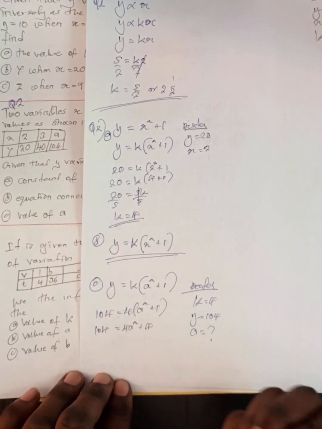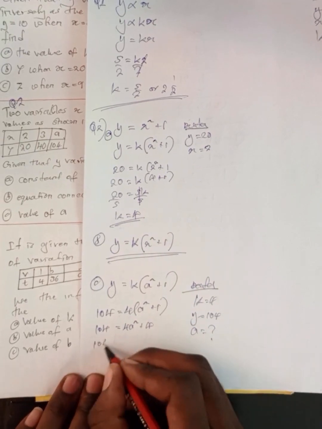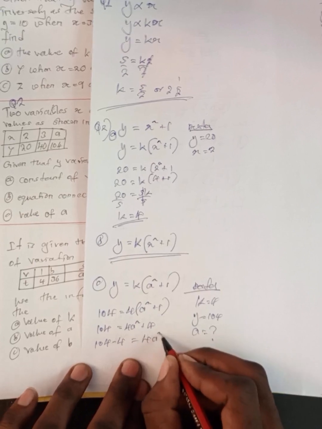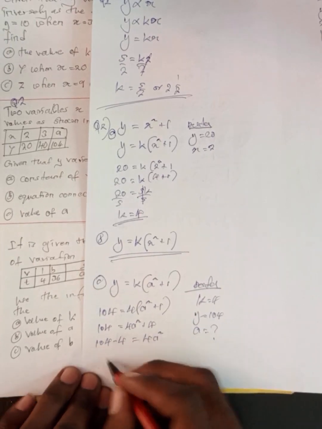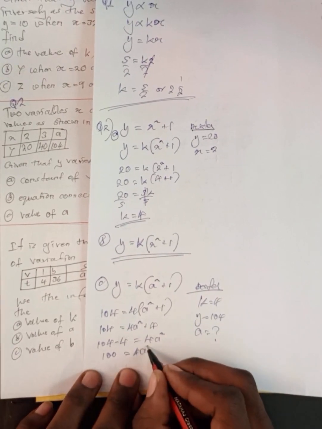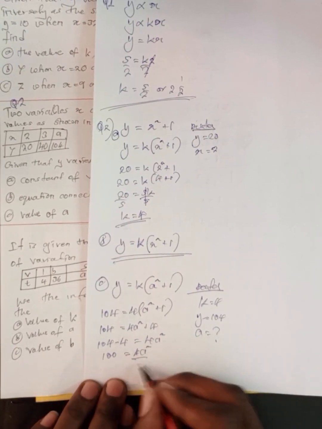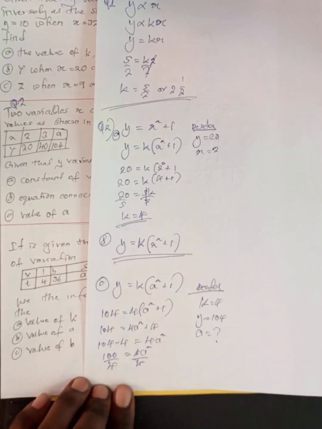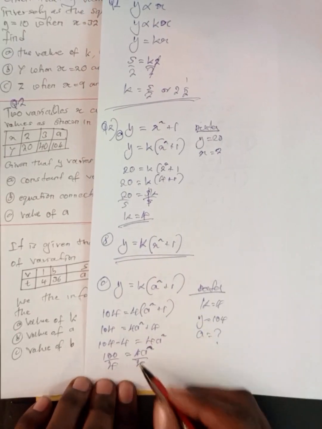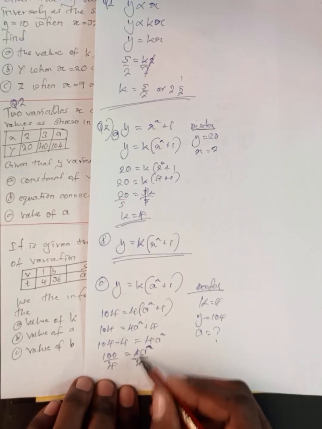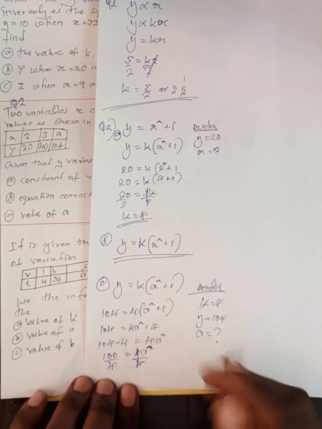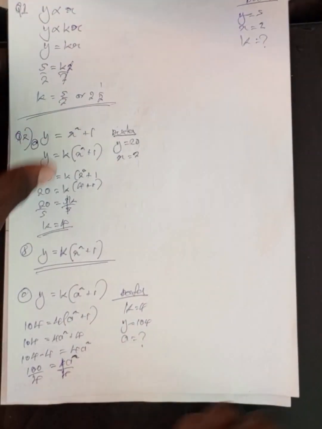Then here we're going to collect like terms together. 104 minus 4 is equal to 4a squared. 104 minus 4 is 100. So 100 is equal to 4a squared. Divide by 4 on both sides. Before you remove a squared, you should first work with this coefficient. You should make sure that there is no coefficient number here.